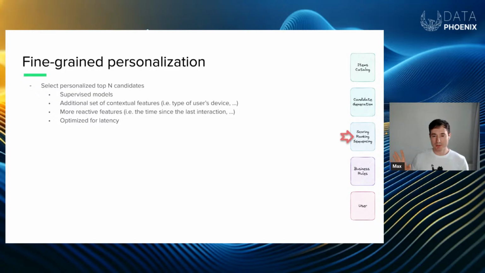This stage usually focuses on putting in even more features, usually also contextual features, for example, what type of device the user is using if you have an application on multiple platforms, or more reactive features, the features that can really alter the prediction based on recent user activity. For example, the time since the last interaction, or the click-through rate of the user within the previous hour, or something like that.